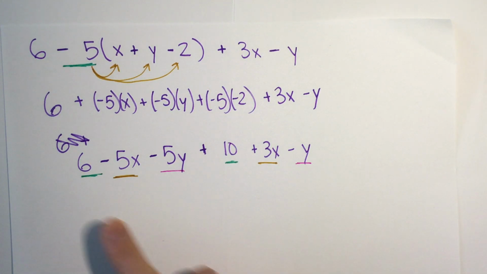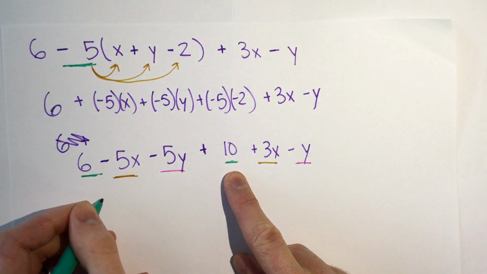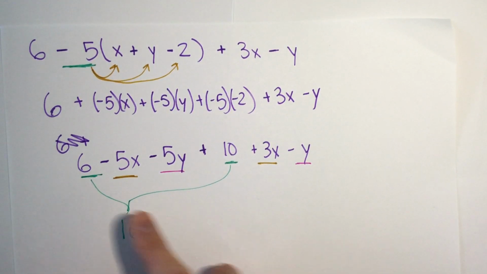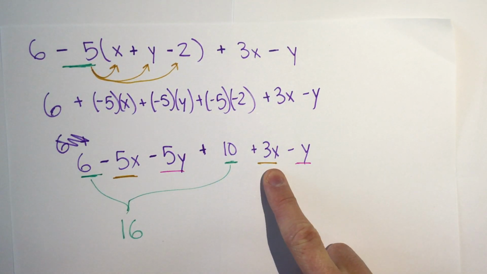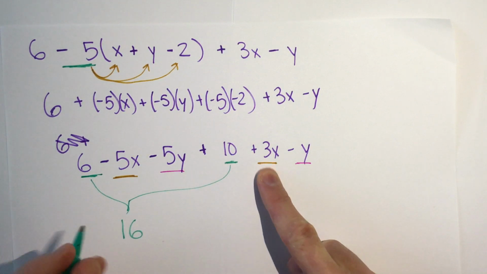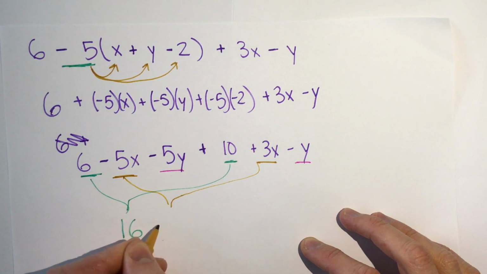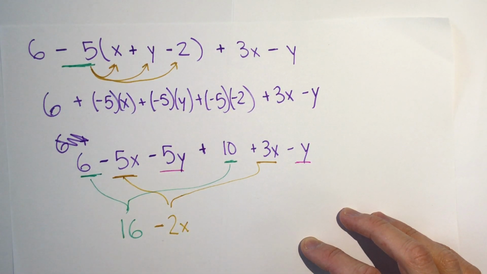We'll start with our numbers. 6 plus 10 makes 16. Negative 5x plus 3x, negative 5 plus 3 is negative 2, so we get minus 2x.